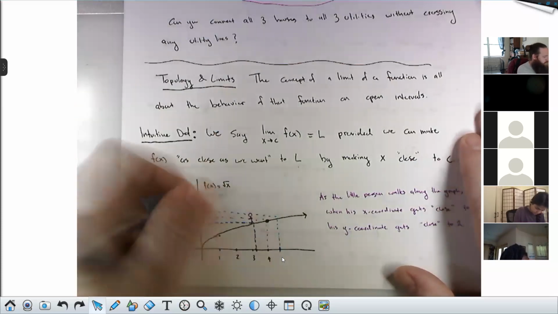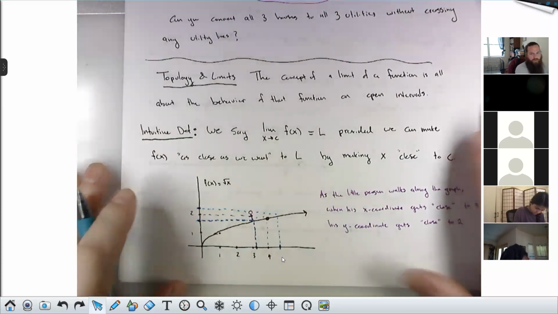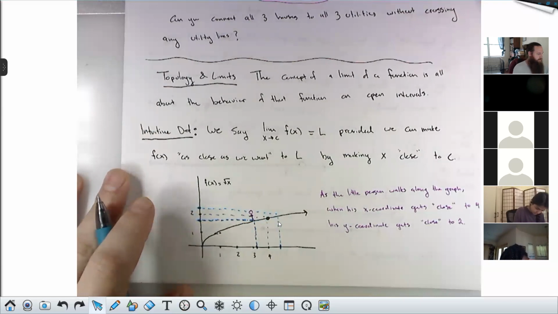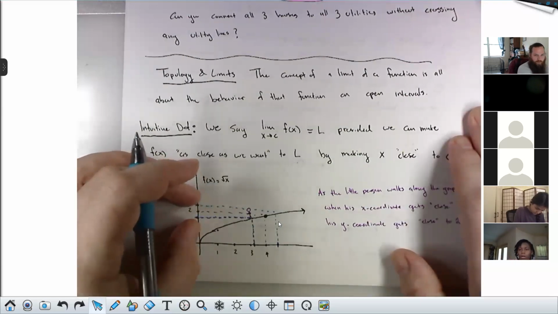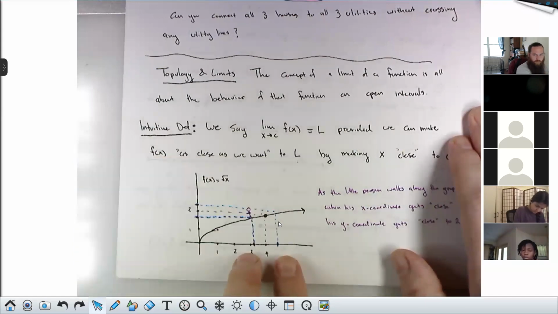So here's what I want you to imagine. I want you to imagine this horizontal window here shrinking. And I ask, as this horizontal window shrinks, sorry, as this window here shrinks, does this window here shrink in a reasonable way, or does it jump around?